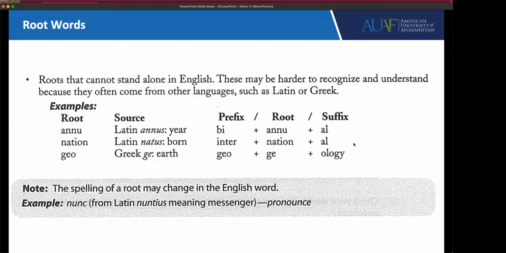So international means between nations, okay? And then geo, which is Greek for earth, geology. So these are harder to know because you don't know Latin and you don't know Greek, so you have to kind of memorize them.